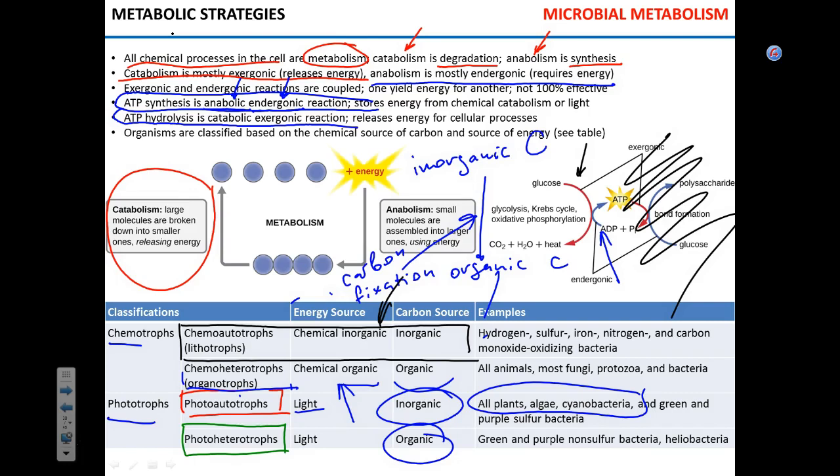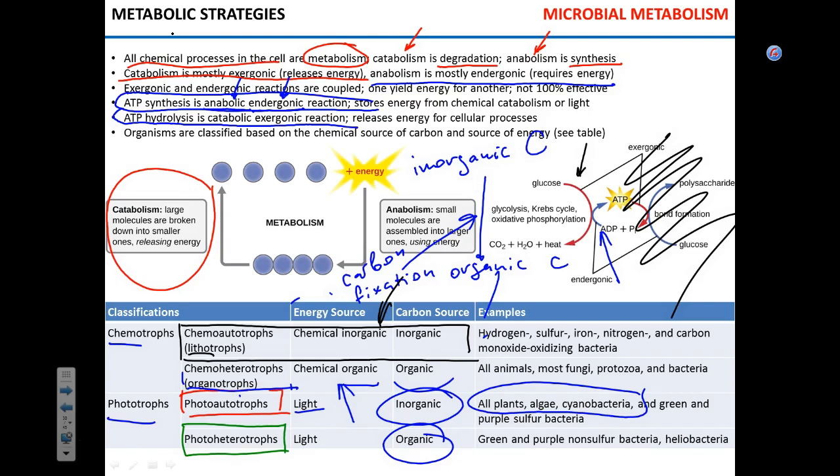And they are often called lithotrophs, where the prefix, it's not a prefix, it's a compound word. So litho in Greek means stone. So they are sometimes referred to as rock-eating bacteria. Don't take it too literally. They're not going to munch through the rocks.